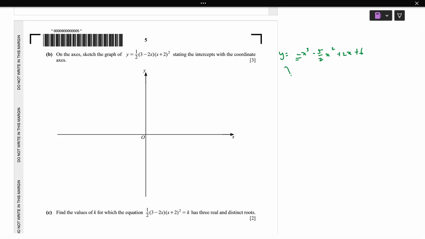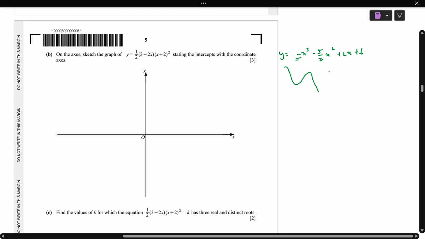Because it's a cubic graph, the graph is going to be like this, the sample graph. Here we got two turning points, one is x equal to 1 by 3, another one is x equal to negative 2. So we are going to find the y coordinates now when x equal to 1 by 3.